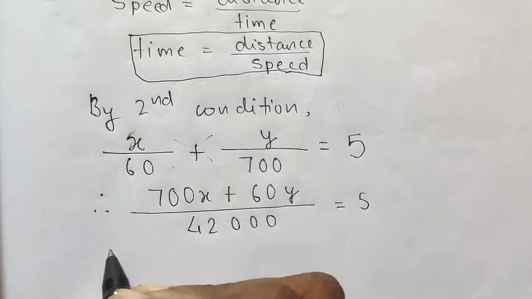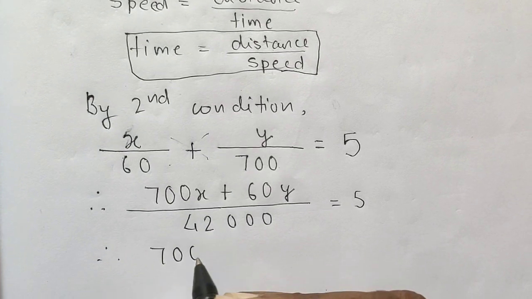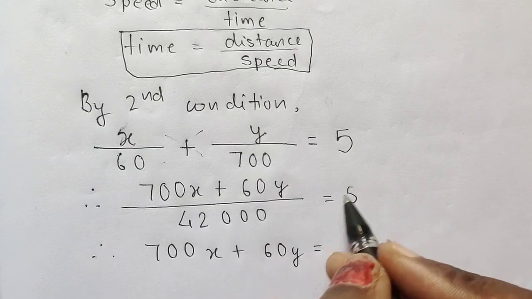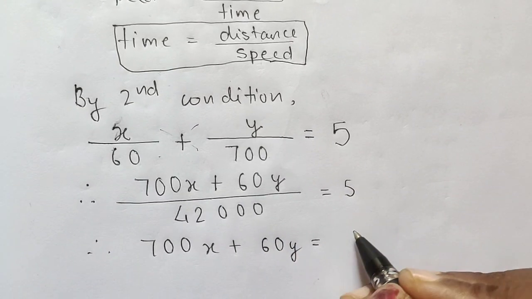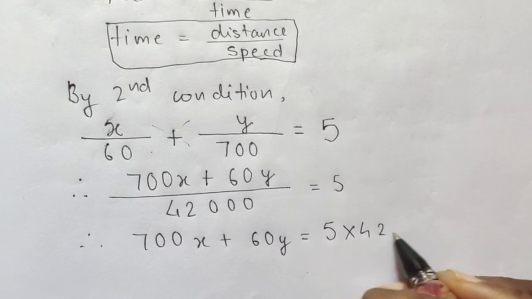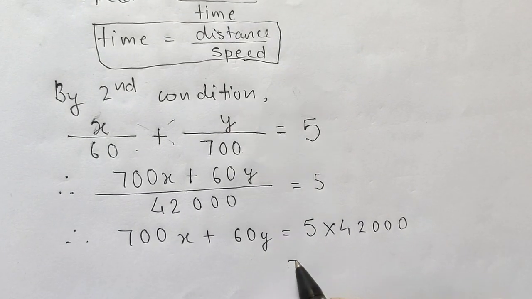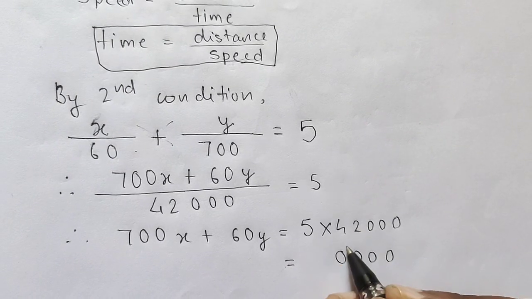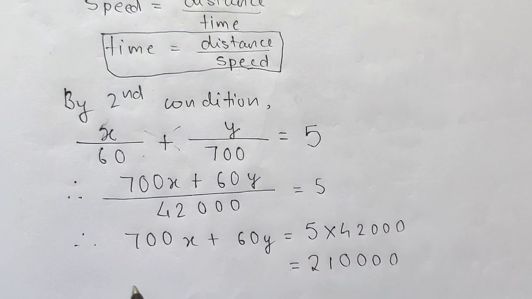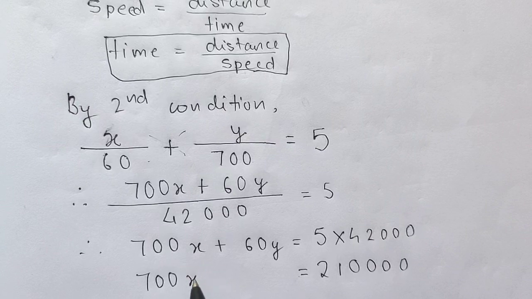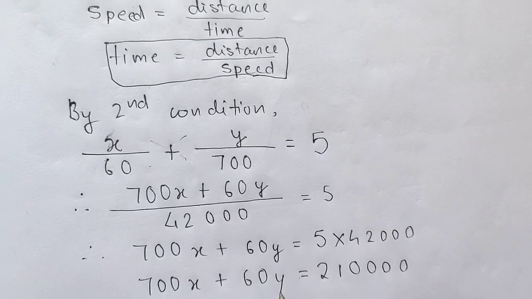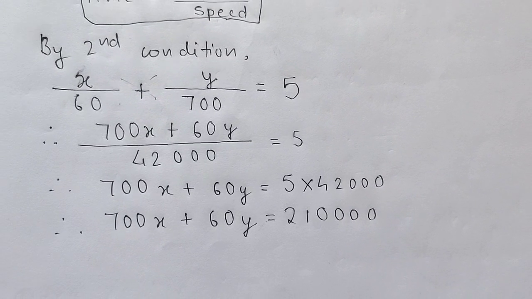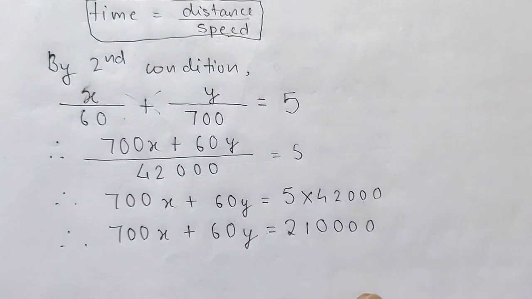Now in the next step, this is 700x plus 60y is equal to, now cross of this also, that is 5 into 42,000. If you do this, see 3 zeros are there, 5 2s are 10, 5 4s are 20 plus 1, that is 21. So what you got? 700x plus 60y is equal to 210,000.